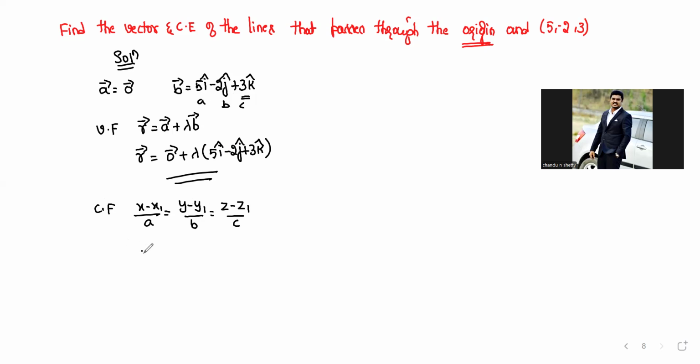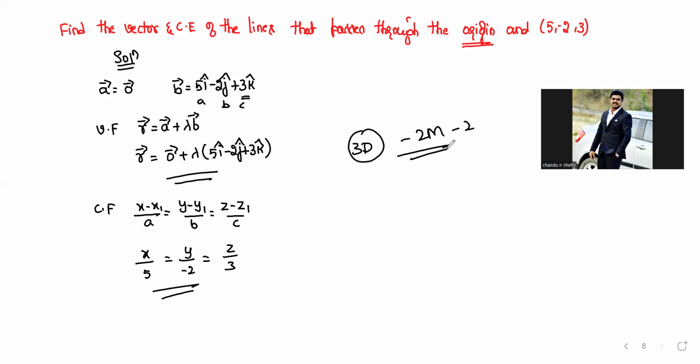So the equation will come: x by 5 equal to y by minus 2 equal to z by 3. So this is the Cartesian form equation. Okay. These are the 2 marks problems. My dear students, all of you should practice it properly. From 3D, they will give 2 problems of 2 marks, so you can score it. Clear, all of you?